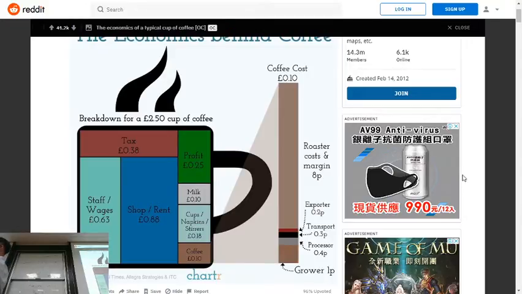Let's first check the coffee. I thought that the profit margin is higher. Than just 10%. Oh, okay. But actually, where is the cost margin?